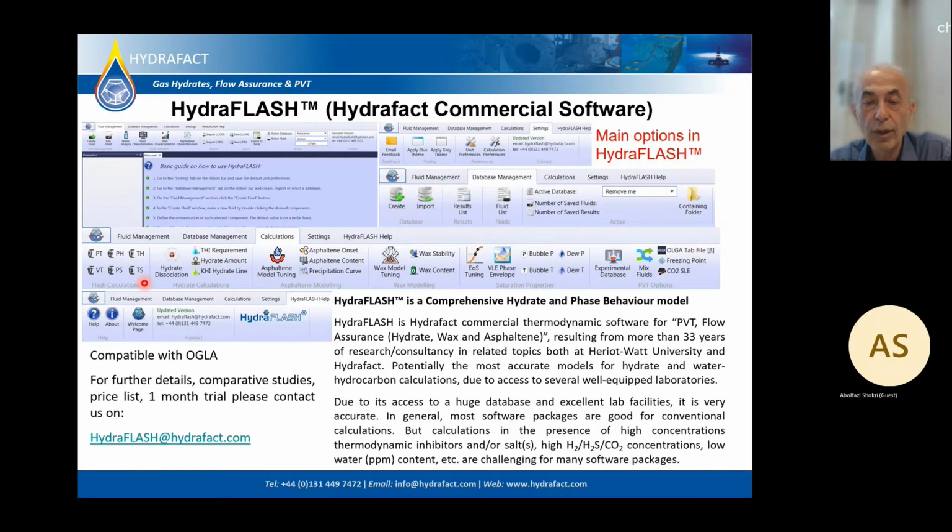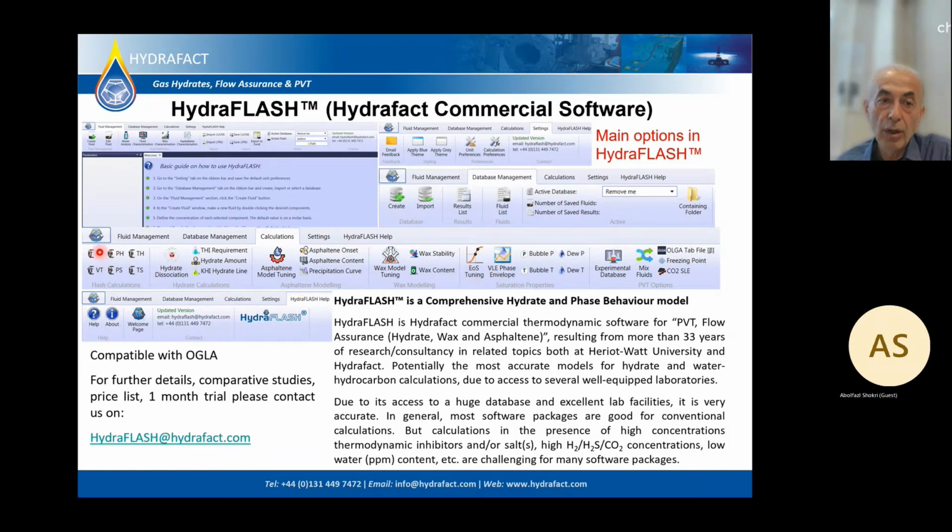Most of this experimental data, we can't publish, and we don't want to publish anywhere, because the companies have paid for it, and it is their property. It's not our property, but we can use it for improving our software. And there have been many comparative studies, and it is the most accurate one.